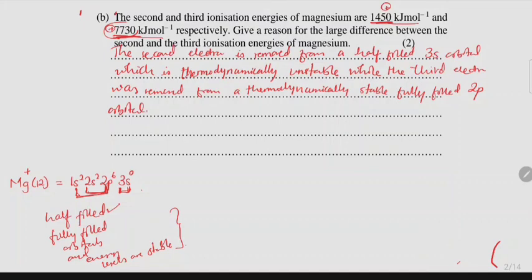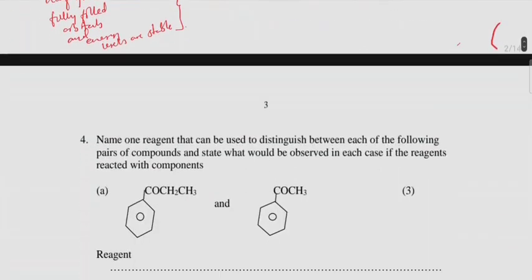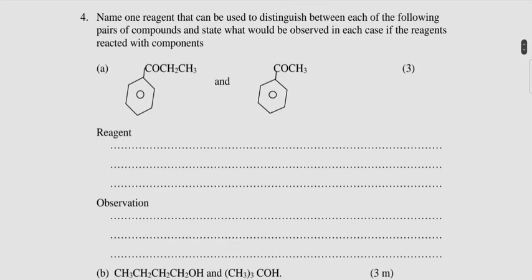That is why there will be a large difference, because now we are having a 2p6, which is a fully filled orbital. Okay, let's continue.